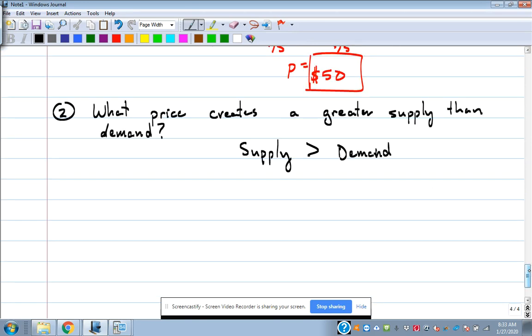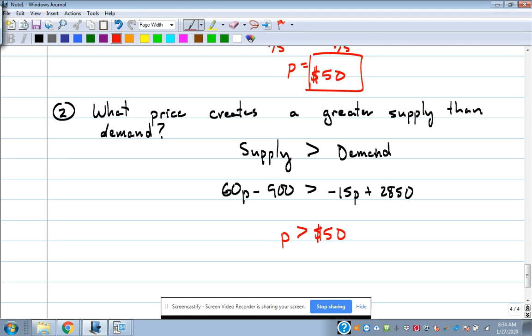Real simple idea there, right? So 60p minus 900 is greater than negative 15p plus 2850. We've already done that as an equation, and we get p by itself, and yeah, p is greater than $50.